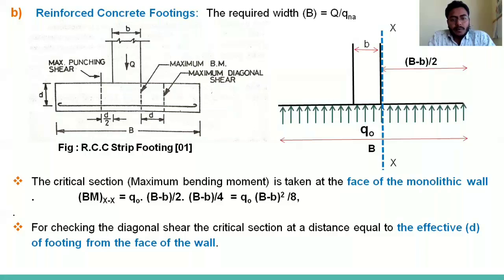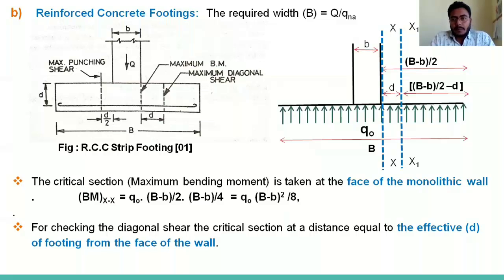For checking the diagonal shear also, the critical section is at a distance equal to the effective depth d of the footing from the face of the wall. See, I've mentioned it in the figure by the x1 axis. The distance of the x1 axis from the outside would be (B minus b) by 2 minus d, right? Because we have to calculate it at a d distance. So (B minus b) divided by 2 minus d would be the distance of the x1 axis from the edge of the footing.